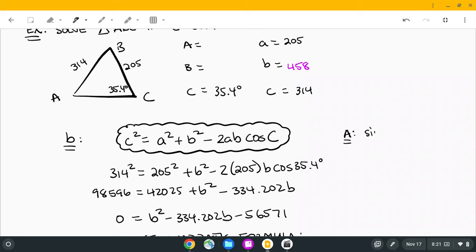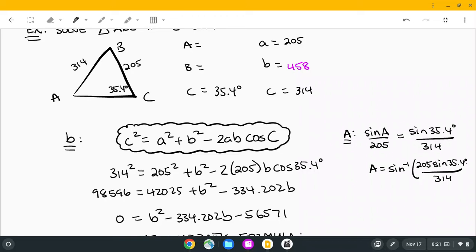So I'm going to use sine A over 205 equals sine 35.4 over 314. Okay, so when I solve, A is going to equal sine inverse of 205 times sine 35.4 over 314, because I have to multiply both sides by 205, and after that I have to take the sine inverse.